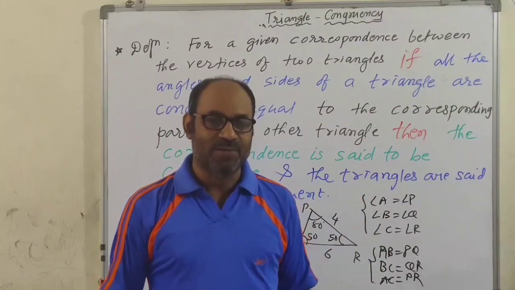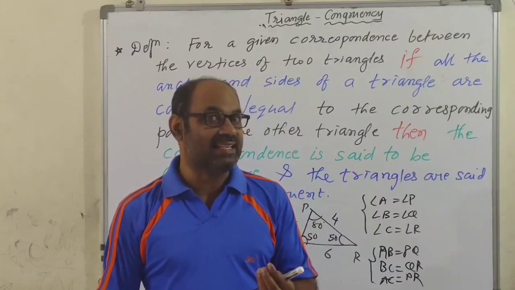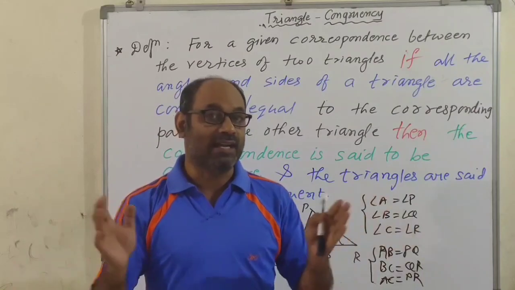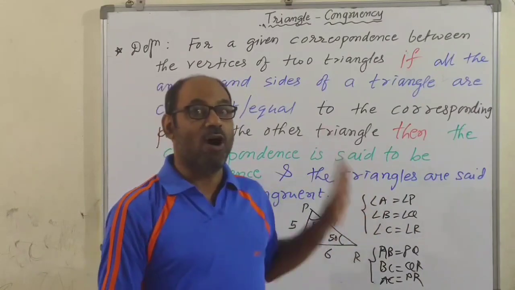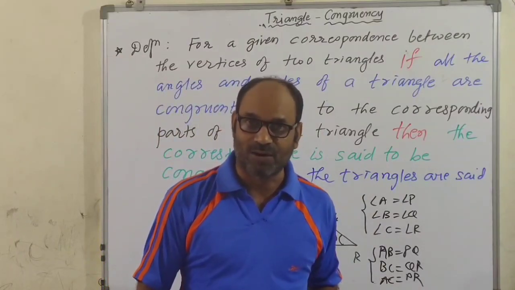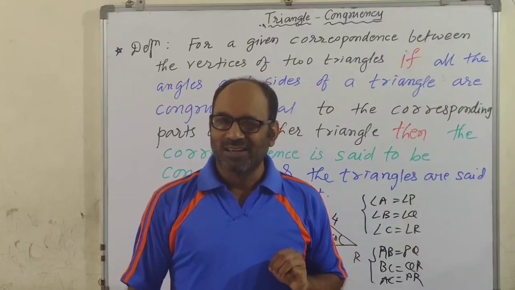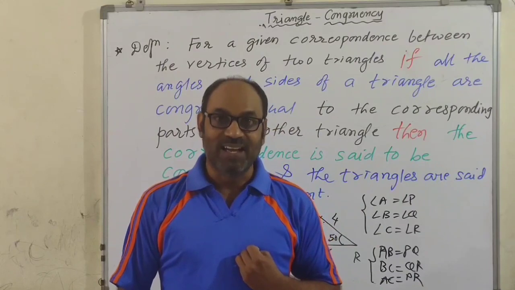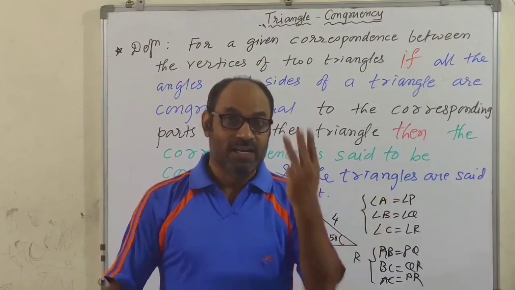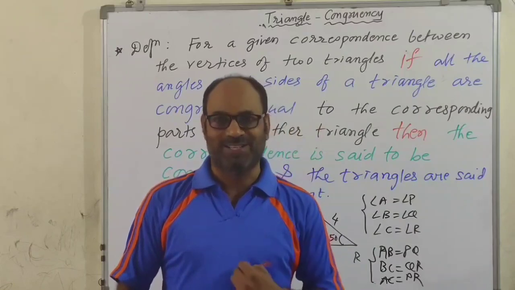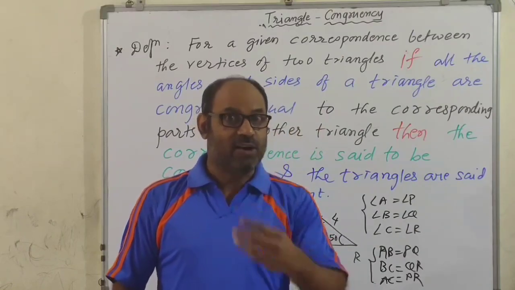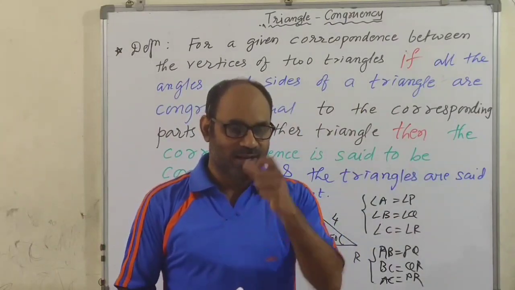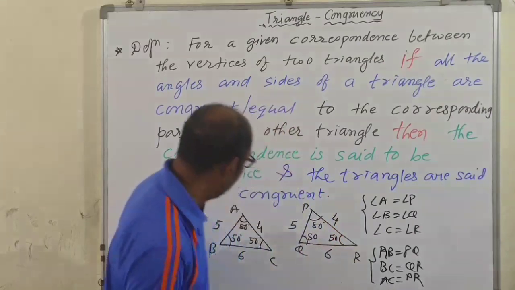So in the previous video, I told you, is there any condition, shortcut, trick which helps us to show that the two triangles are congruent even if we do not know that all 6 corresponding parts are congruent? Children, we can do that. Even with 3 corresponding parts congruent, we can show that the 2 triangles are congruent. But then, which 3 corresponding parts should be congruent so that the 2 triangles become congruent? Let's see those conditions. Alright? Okay.